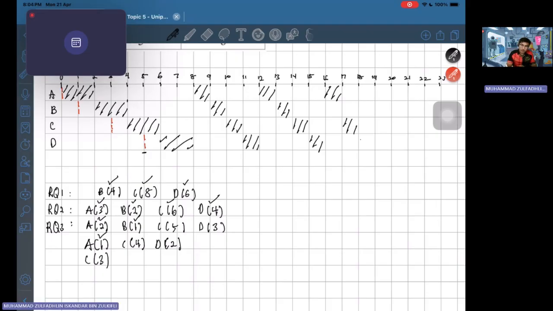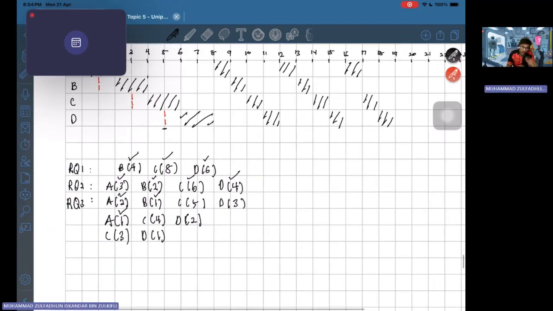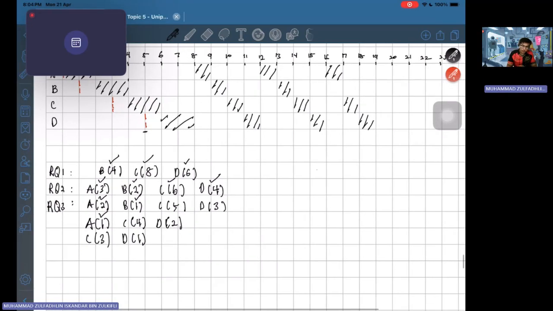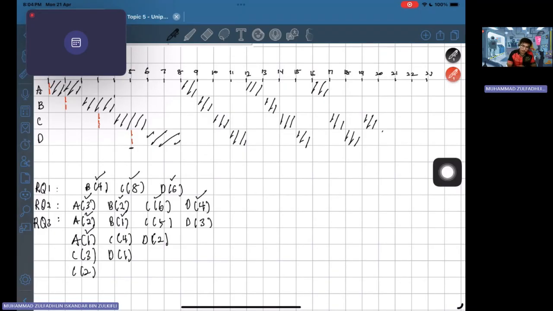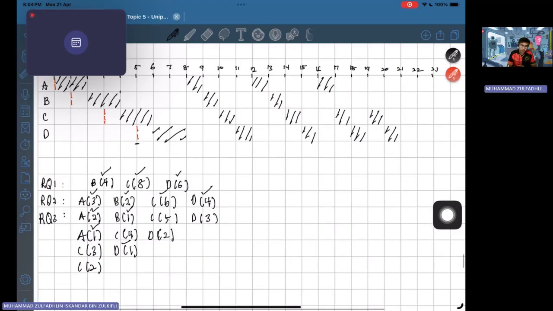Then B runs for 1 second, and the remaining is 1. So we shall move back to C. C runs for 1 second, and the remaining is... then D runs for 1 second, and D is complete and it will not move back to the queue.